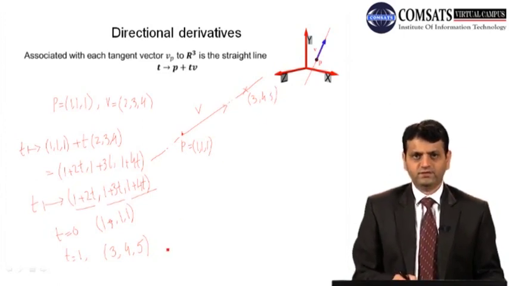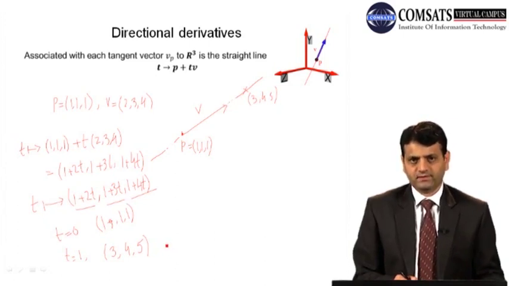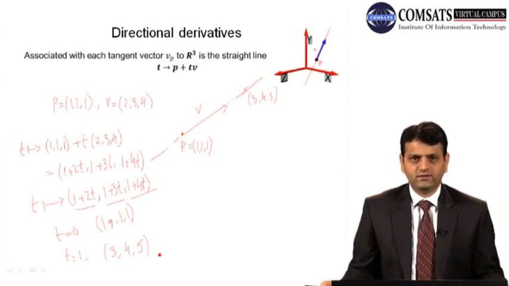For every value of t, it gives me a point on the line. So these are the parametric equations of the line. In short, given any tangent vector at a point in R3, there will be a line associated to that tangent vector at point P.